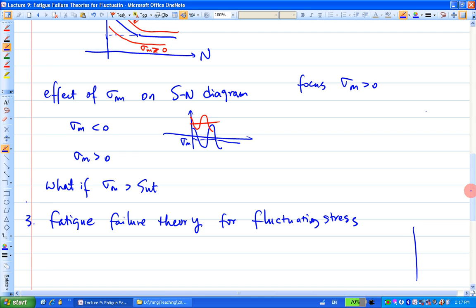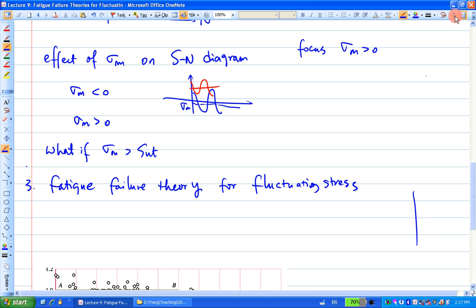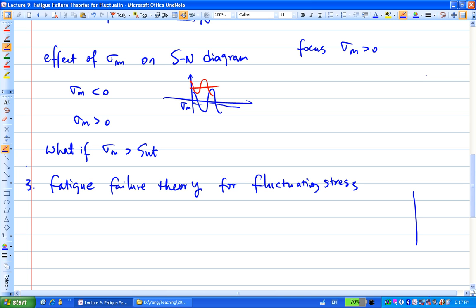So let's just think about a simple one here. If this is not a fluctuating stress, if this is just a complete reversed stress, what is the fatigue failure theory, or what is the way to calculate safety factor? So if sigma m is 0, how do I calculate safety factor?